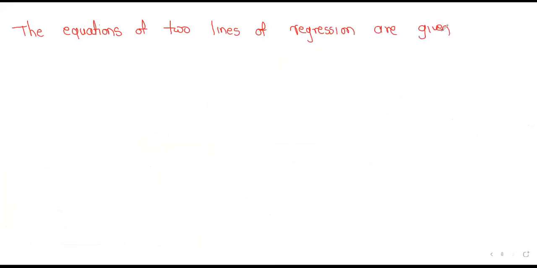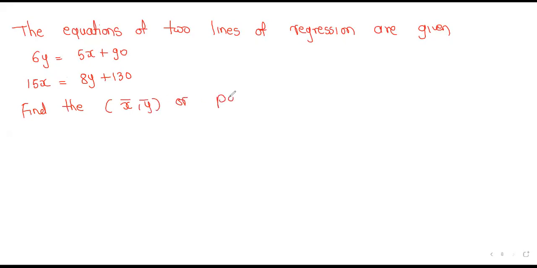First one is 6y is equal to 5x plus 90 and 15x is equal to 8y plus 130. So find the point of intersection, or find x bar and y bar.